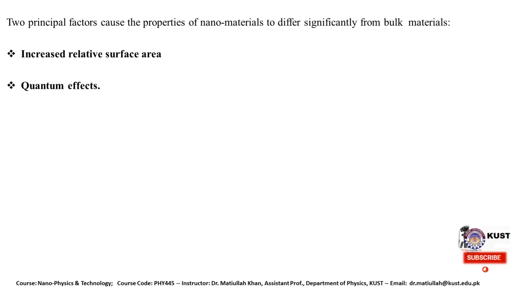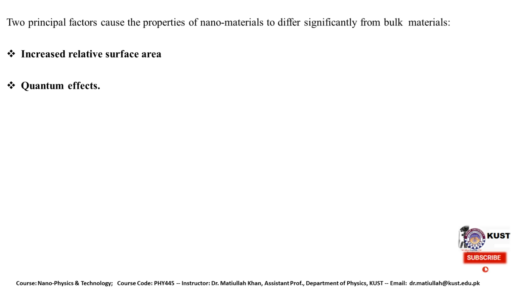Two principal factors cause the properties of nanomaterials to differ significantly from bulk material. The theme of the lecture is to investigate why the properties of materials are different at nano size from the properties of the material at bulk size, and the justification for that.